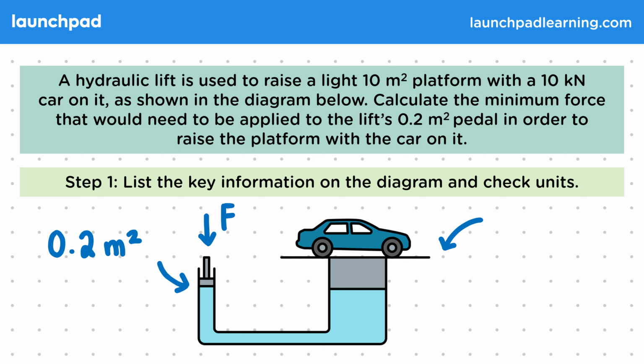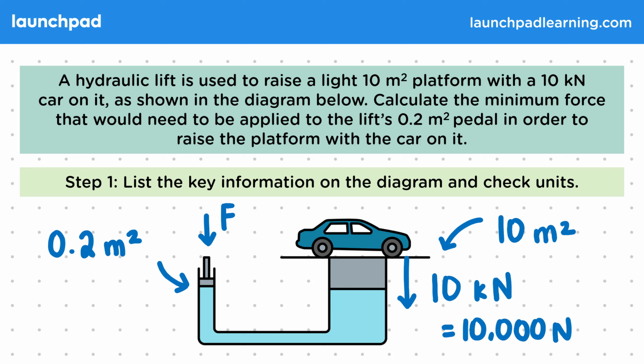Then for the output, we have an area of 10 meters squared, and it has a car with a weight of 10 kilonewtons. In order to raise the platform, we need the liquid to have an upward force greater than this downward force. So the minimum upward force we'd need would also be 10 kilonewtons, though we should convert this to 10,000 newtons for our calculation.